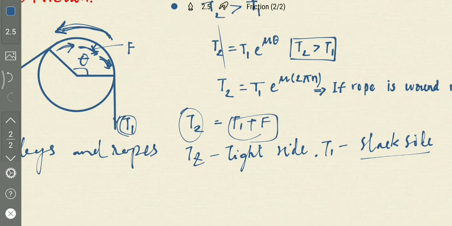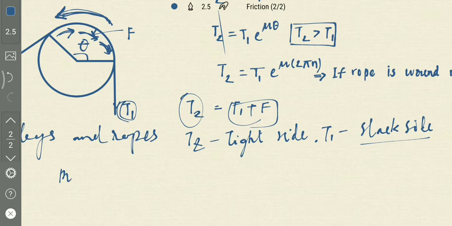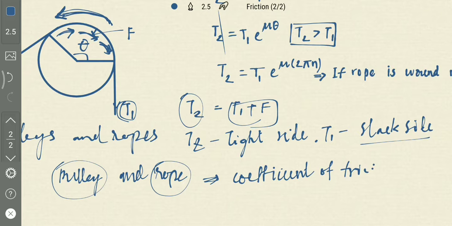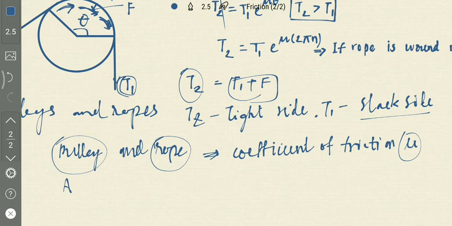If the pulley and rope, here the pulley is the surface and rope is the body, if these two have coefficient of friction mu, and the angle of contact, what is angle of contact? Angle of contact is theta.